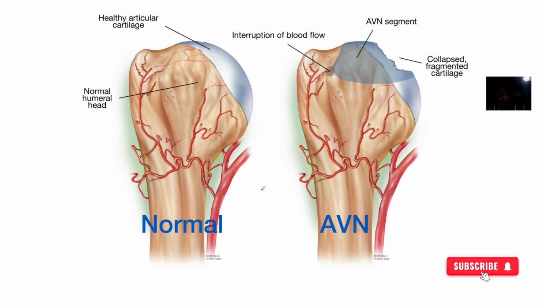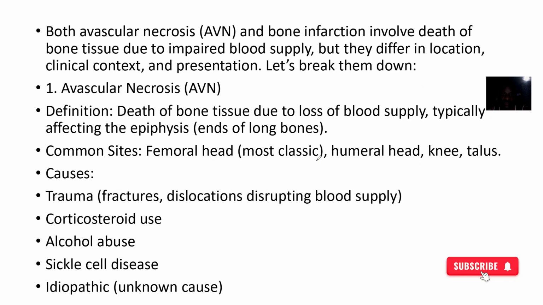Blood supply. So when you see avascular, the blood supply is disrupted or cut. So avascular necrosis and bone infarction just involve death of tissue, and this is because the blood supply has been impaired.